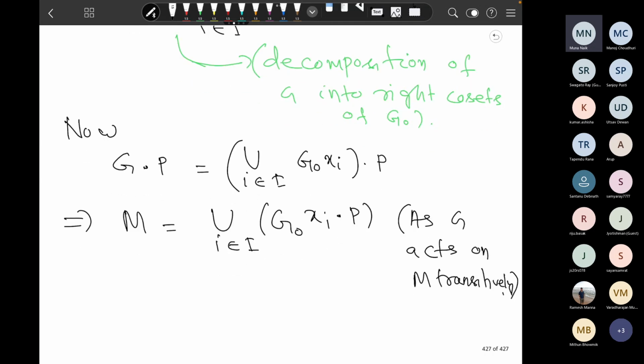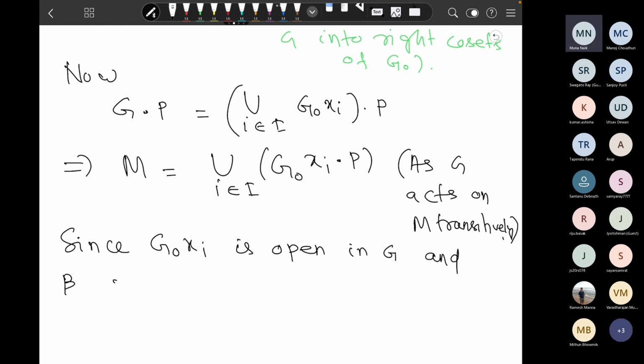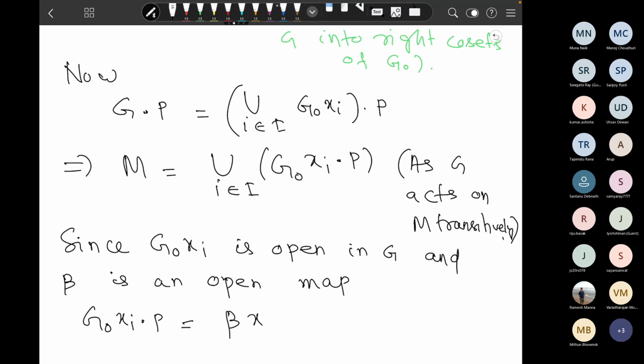Now, G naught is open in G, so if you translate it, that will also be open. Since G naught xi is open in G, and beta is an open map, G naught xi dot p is really beta of G naught xi.